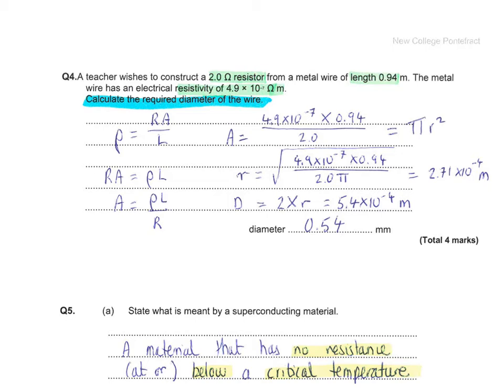Next, there was a mark for the radius, and then finally all 4 marks for the correct final answer. Notice I didn't calculate a value for the area. Had I made a mistake at this point, I would have therefore lost the second area mark.